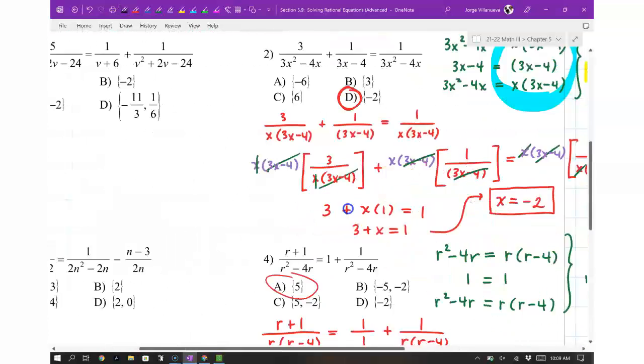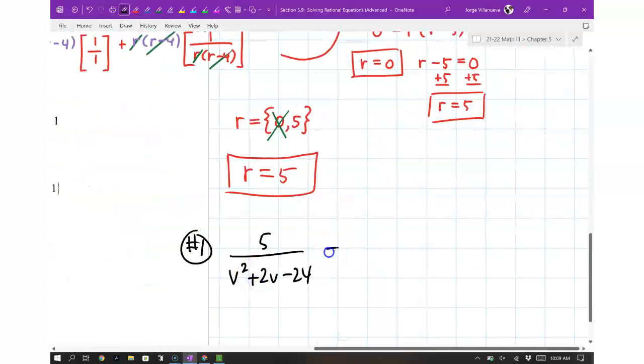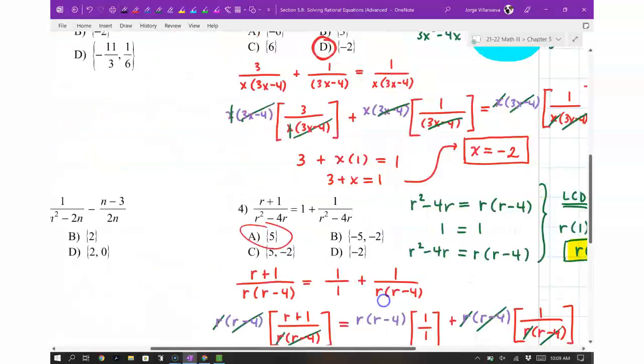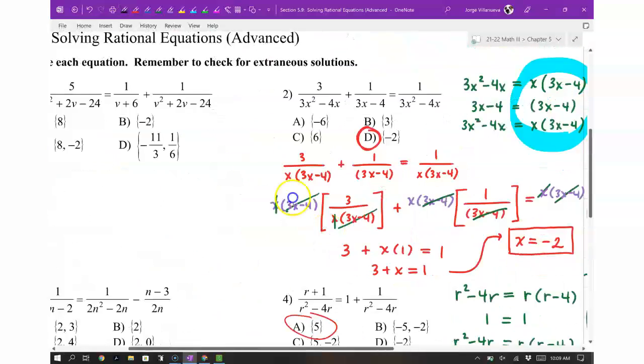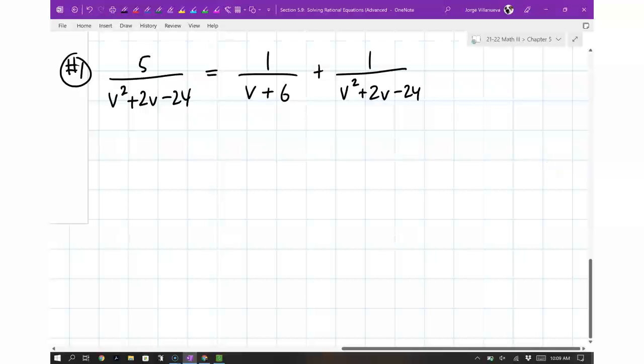Plus 2v minus 24. 1 over v plus 6. And then the other part was 1 over. So there's the problem for question number 1.